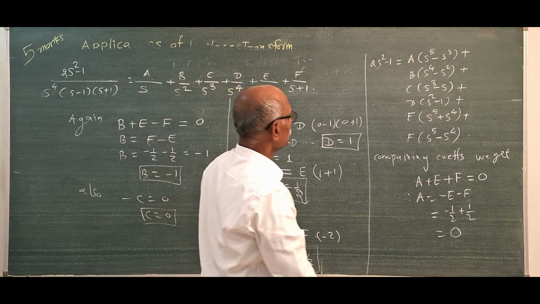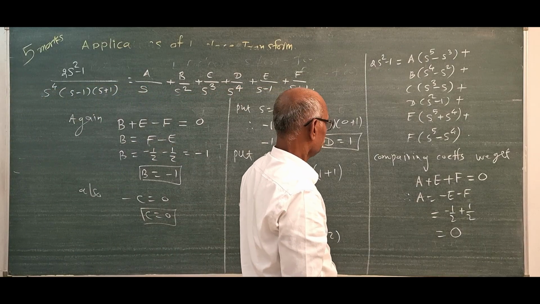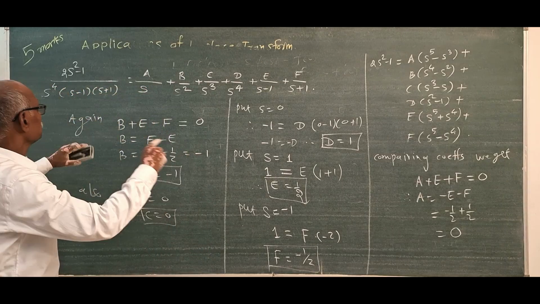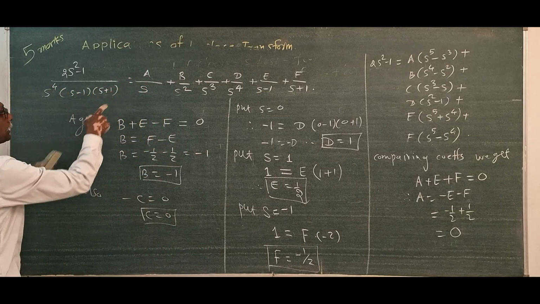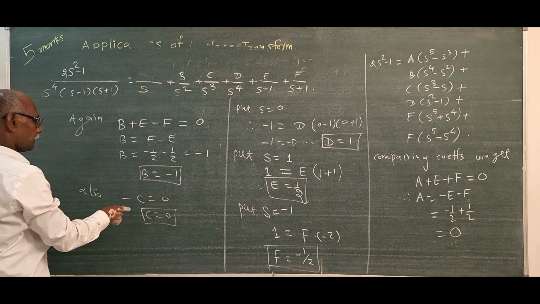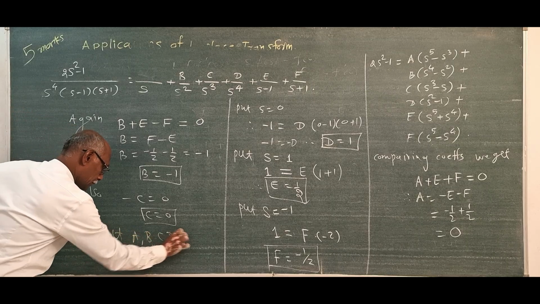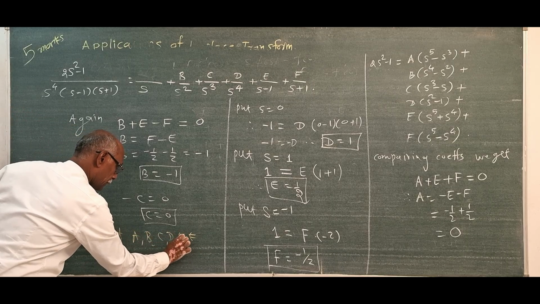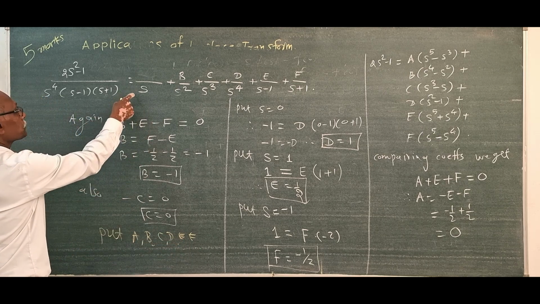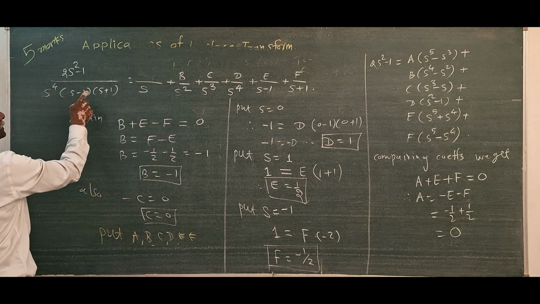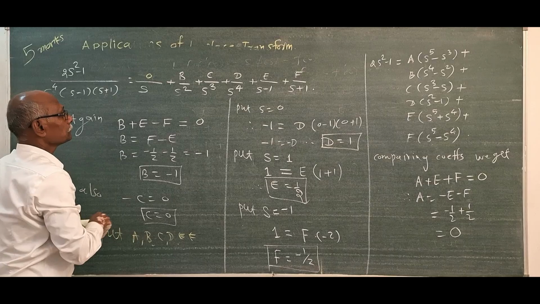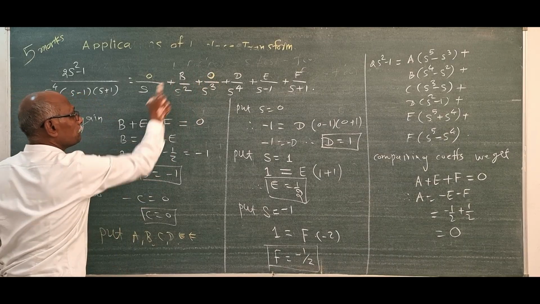Okay, let me erase these things now. Now I will put here, putting A, B, C, D, E, F in the above expression. Here I can write this as it is. This is 0. C is 0. But B is not 0.